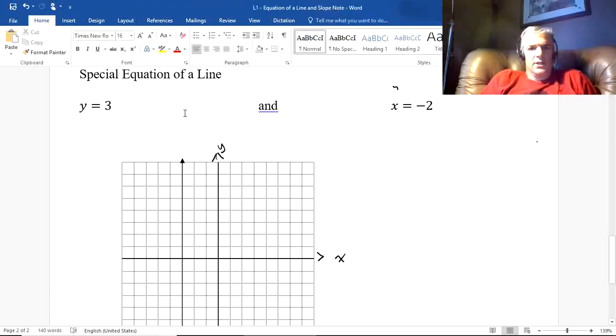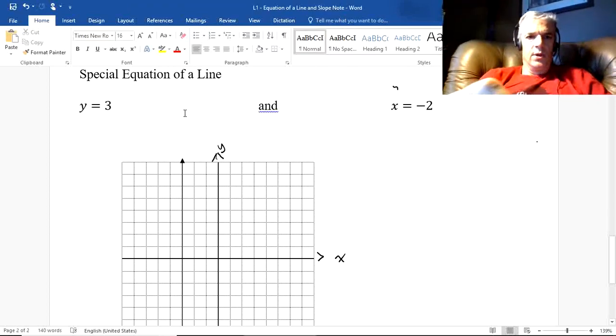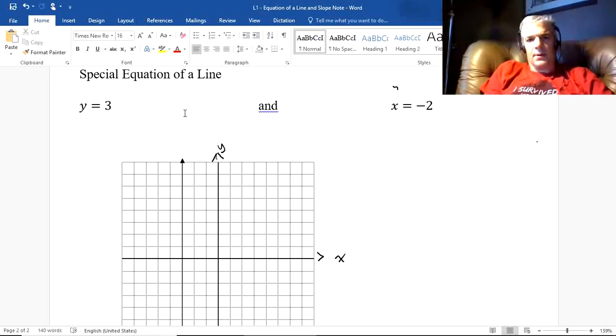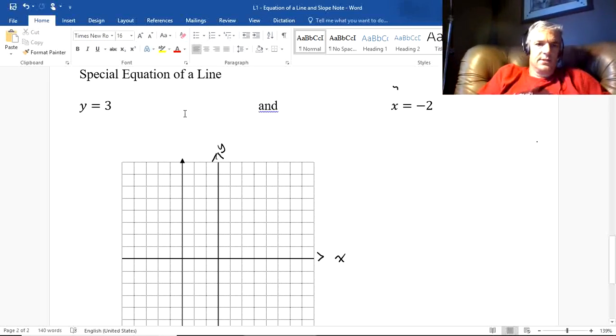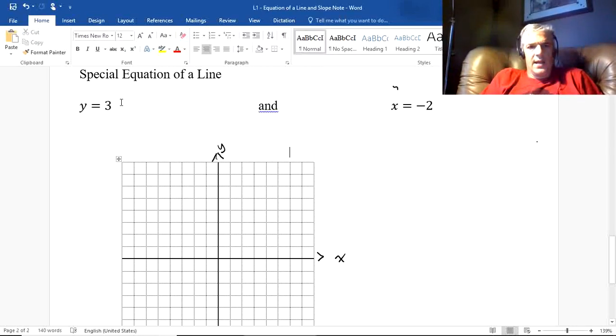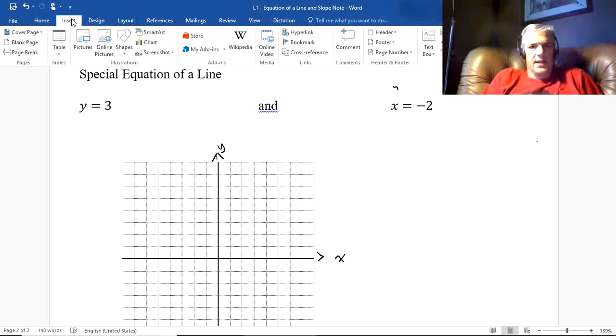I'm going to label this now. Oh, my apologies, that was wrong. Let me highlight that and delete it. Okay, y equals 3 is right here. What was I thinking? See, I make mistakes too.